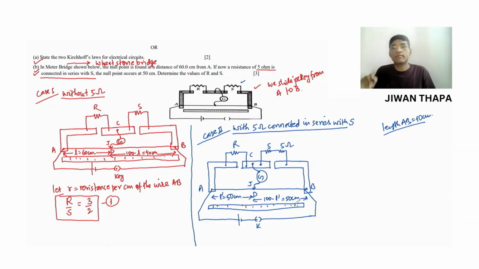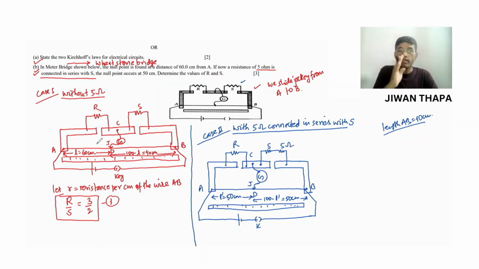So we have this. So what we find, on connecting 5 ohm, the null point shifts towards A. So initially we were having L equals 60 centimeter. Okay.